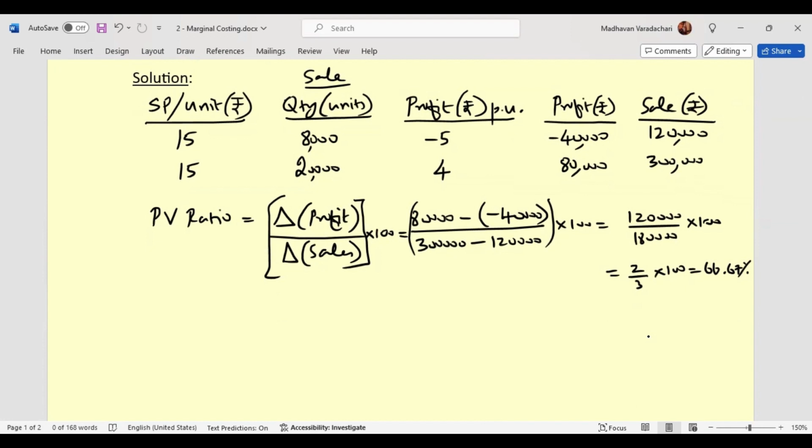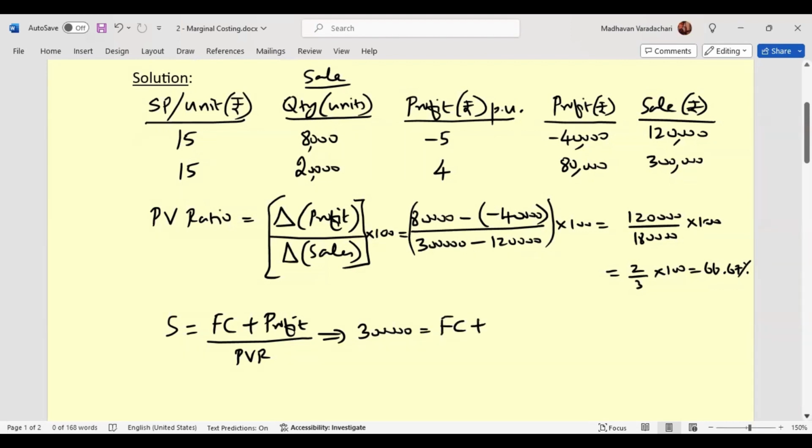Now, we will find out the fixed cost by using this. Sales is equal to fixed cost plus profit divided by PV ratio, which means, let me consider the second one, 3 lakhs is the same, is equal to fixed cost. For the 3 lakh sale, the corresponding profit is 80,000, divided by PV ratio, which is 66.67%, approximately, we'll write it as 2 by 3 times 100.